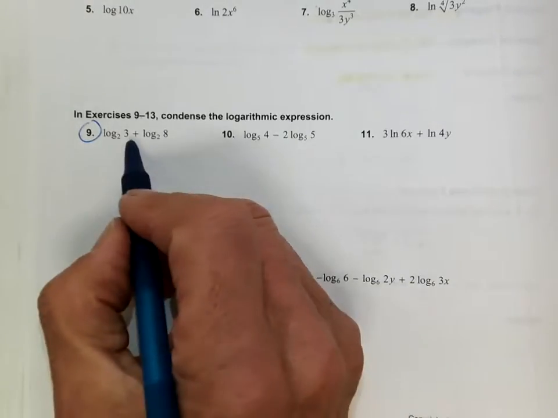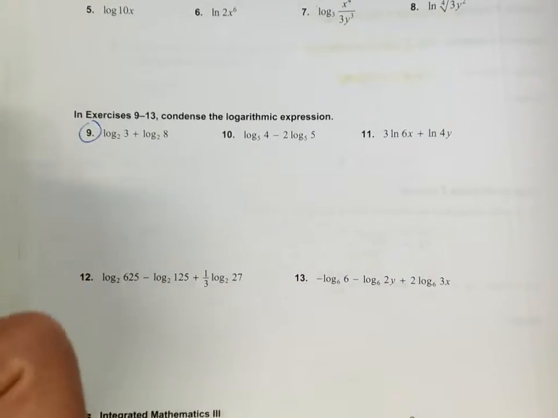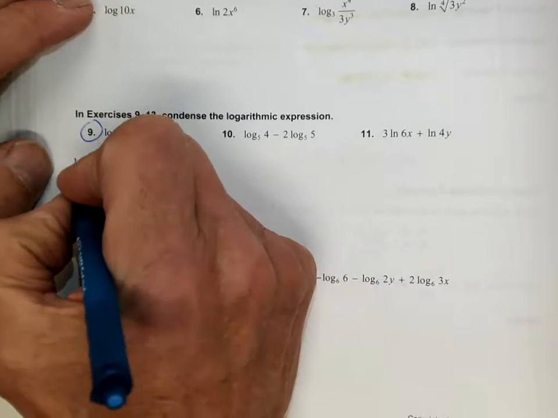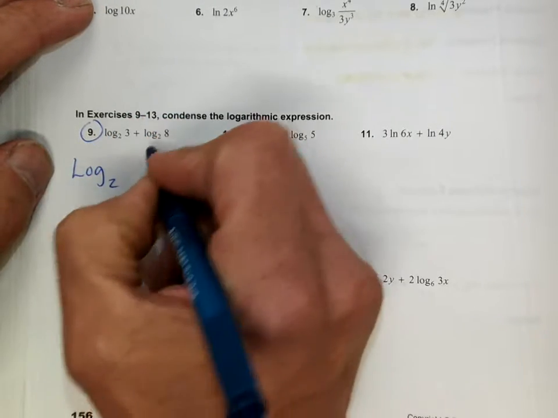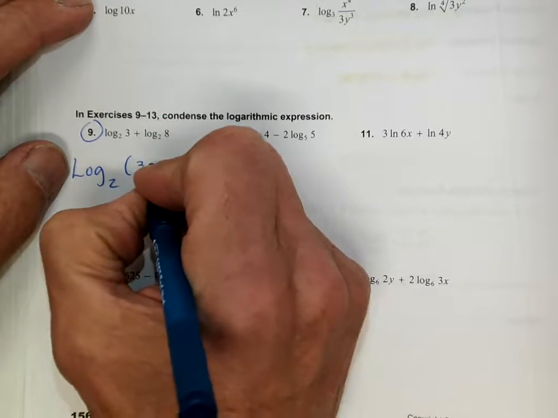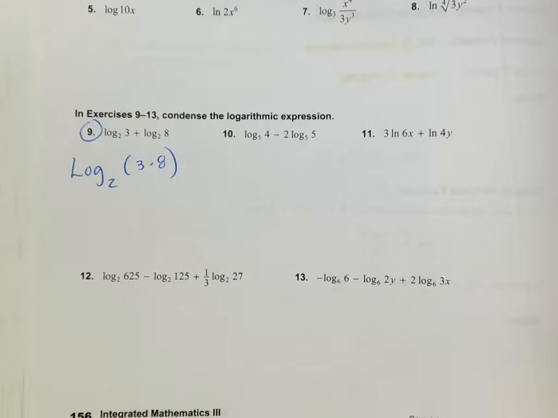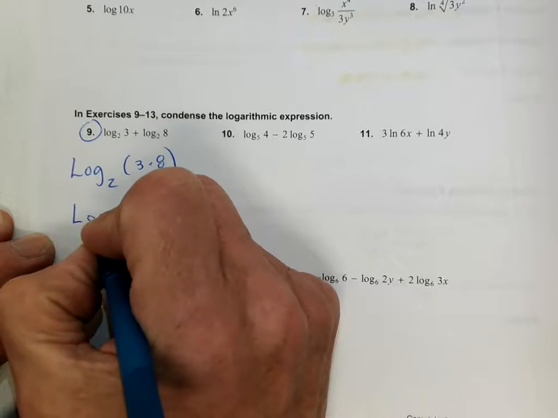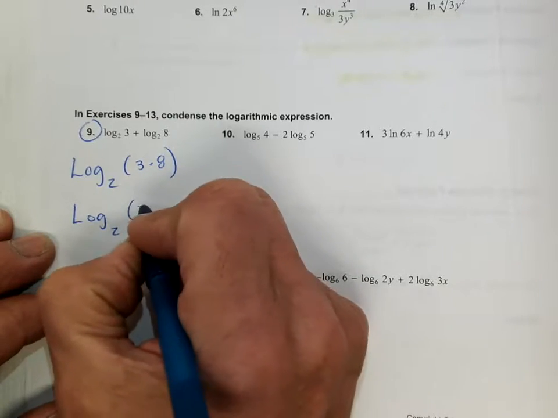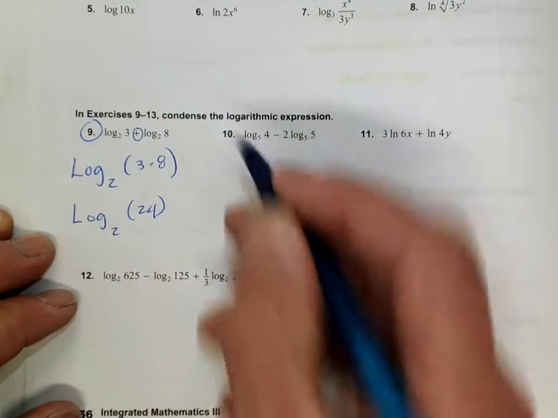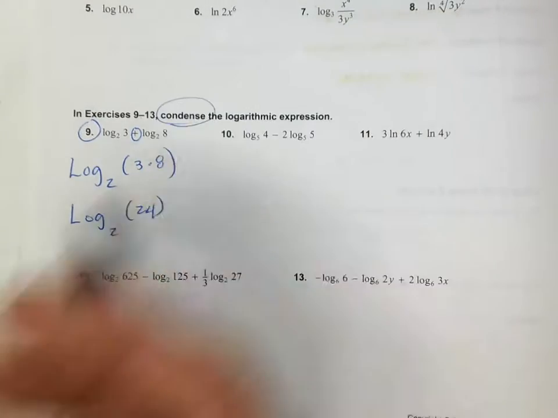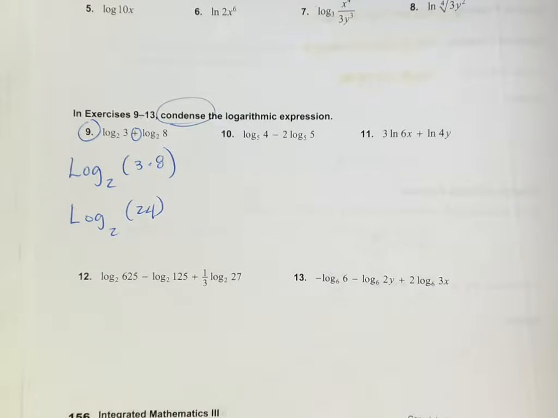It says plus, so I'm going to rewrite this as log base 2 of 3 times 8. It doesn't ask me to solve it, just condense it. Well, I've condensed it, but I may as well do 3 times 8. That's easy, that's 24. So log base 2 of 24. It said condense it, bring it together, so since it says plus, we bring it together as times.